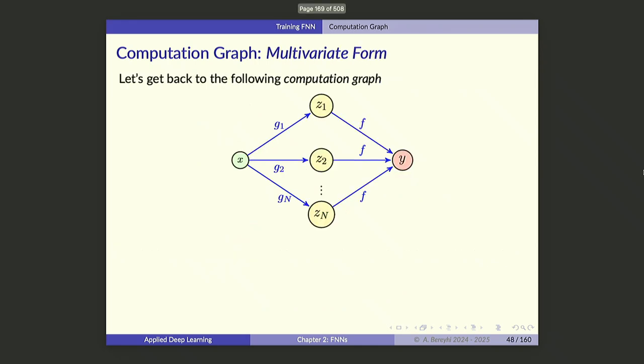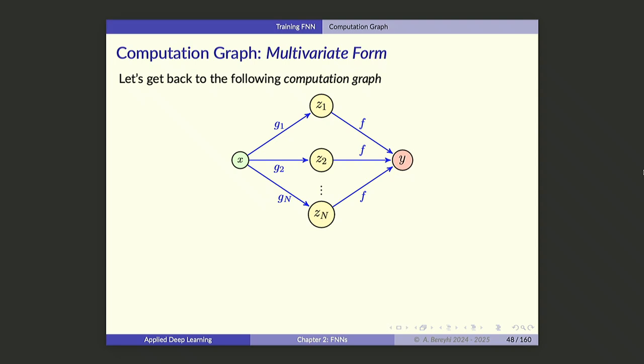Okay. So now that you got the idea, maybe we can go on with a bit of compact representation, because it's going to help us understand how we can write down the backward propagation in a very general MLP. So let's get back to this formulation that we had.